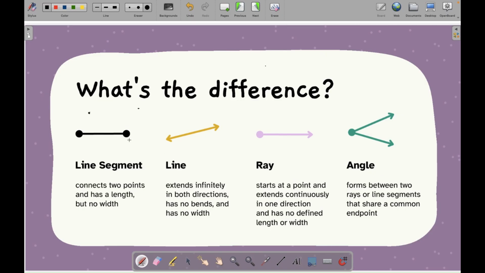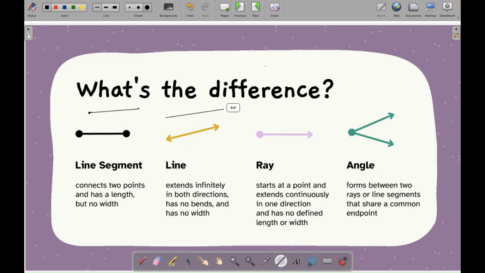What is the difference between a line segment and a line? In a line segment, the end points are fixed. You cannot change the length of a line segment. It will have a definite length or size. You cannot change it. However, a line has no end point.